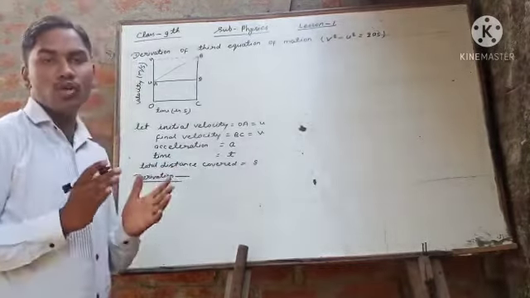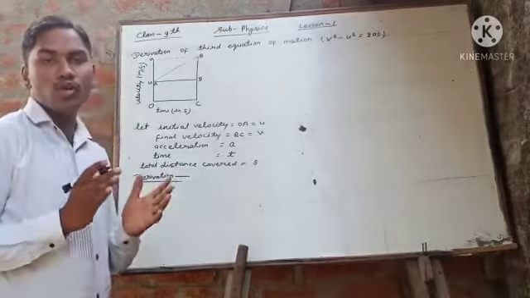As I have told you earlier, the total distance covered is the area bounded by this figure. So here, the total distance is equal to the area of this figure. Here there are two parallel sides and this pair is non-parallel, so it is a trapezium.